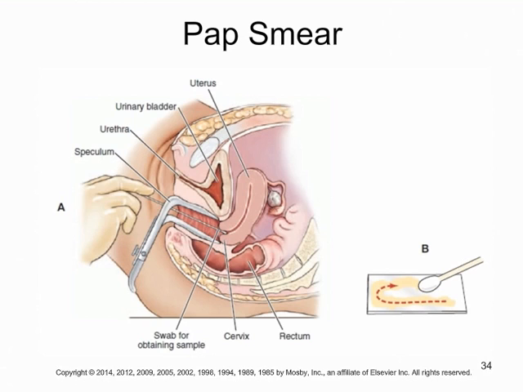But basically what they do is they insert what's called a speculum, that'll be one of our words later on, into the vaginal opening to spread the vagina open, and then the doctor sticks a very long Q-tip in through the vagina and basically swabs the tip of the uterus and vaginal area to pick up some cells. That is then smeared onto a slide, and then that slide can be looked at under the microscope for potentially cancerous cells.